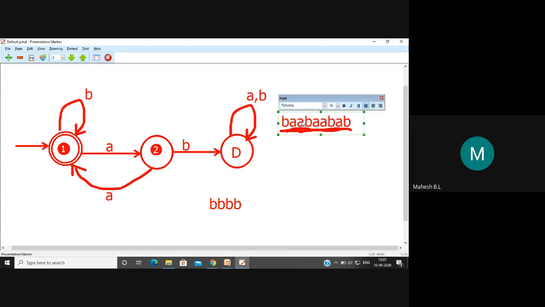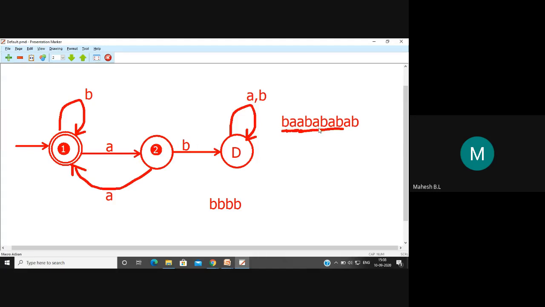I'll consider one more example. B, A, B, A, B, A, B, A, B. First B is processed by the self loop, then A, B processed by the self loop, A, then you get a B. That's why you go to the dead state.